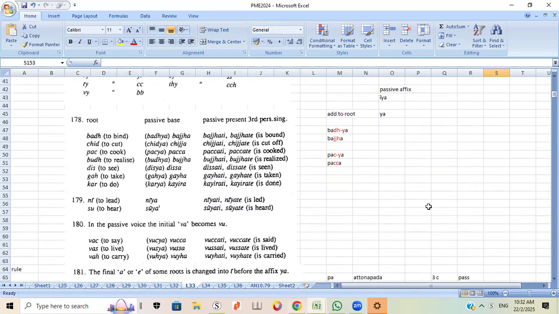Then KARYA, actually when you refer to 177, RY becomes interchanged as YR. That means it can also be YI, correct?